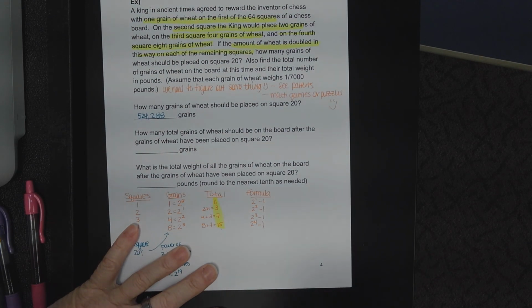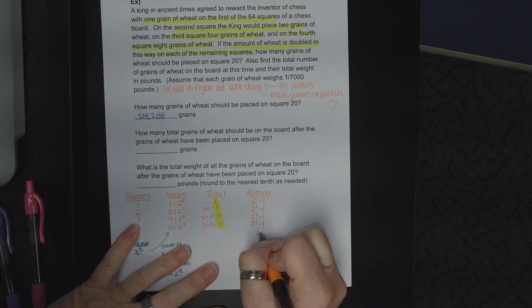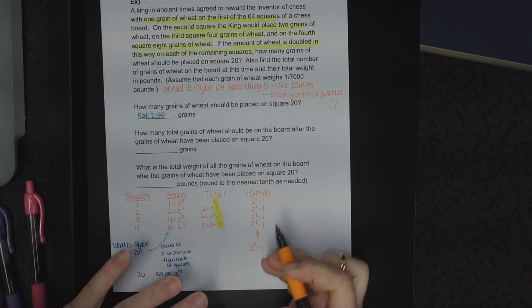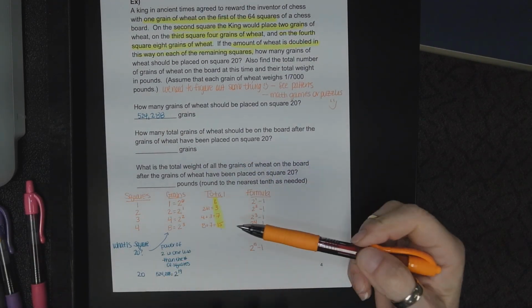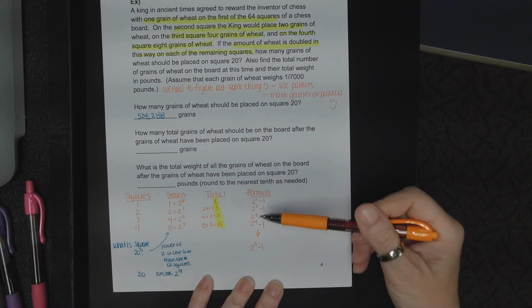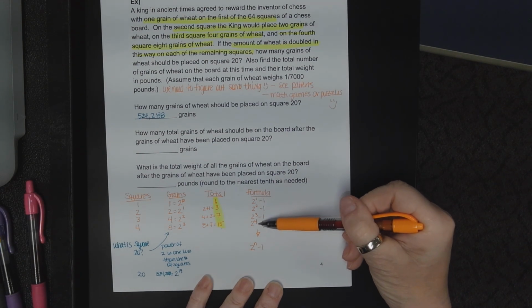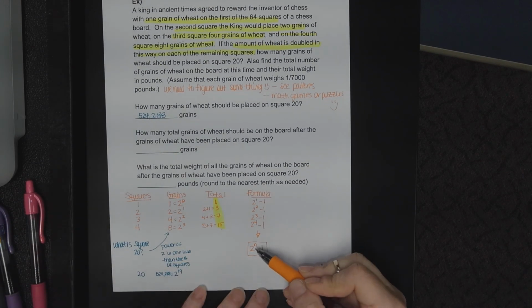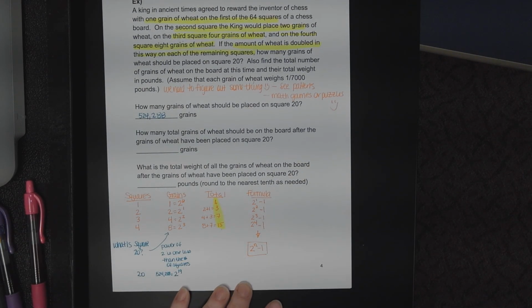You guessed it, we're going to use n. So I'm going to say 2 to the n power minus 1, so that no matter what our square number is, we could plug that in here. Just like we did here, it was constantly changing. So now we could use any square number here. Cool?